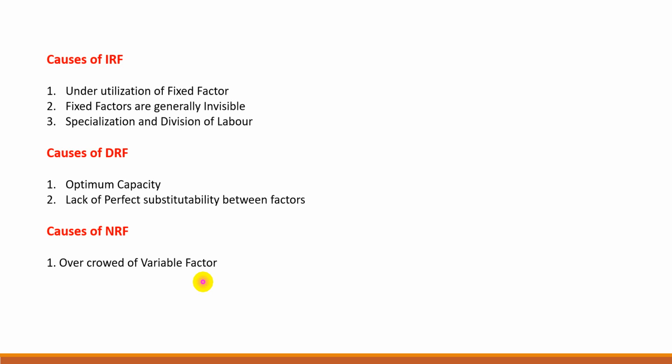If there are too many workers working on a given fixed factor, they will come in each other's way and disturb the whole production process, leading to a fall in total production. So thus we find the causes of operation of the 3 stages of the law of variable proportion. That's all. Thank you.